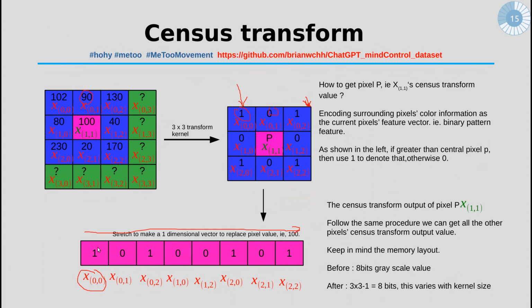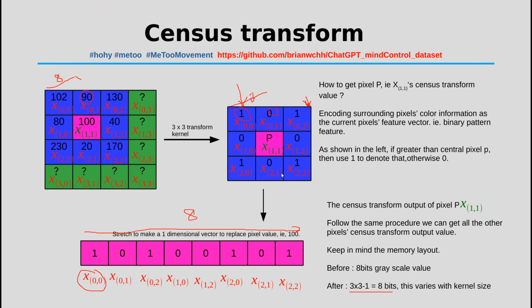Here just 1 bit. Then it becomes so much easier for processing. Okay, so the operator here is a 3x3 census transform kernel. After transform, you also get 8 bits. Okay, here, this is 8 bit.